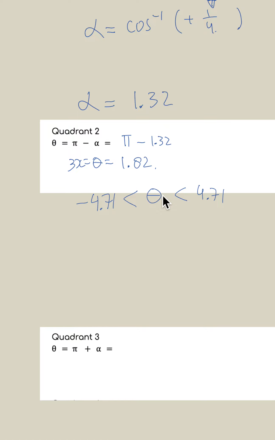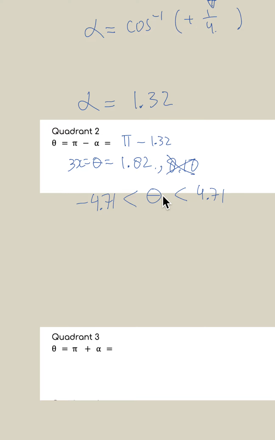It is definitely between negative 4.71 and 4.71. Do we need to add 2 pi? If you add 2 pi it is too big: 1.82 plus 2 times pi, you get 8.10, which is wrong.